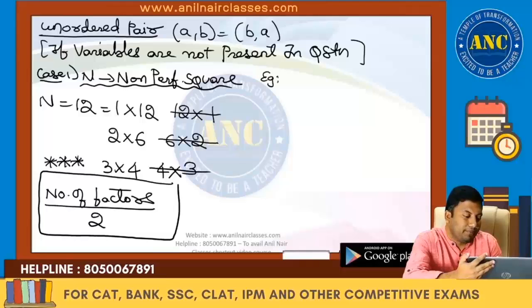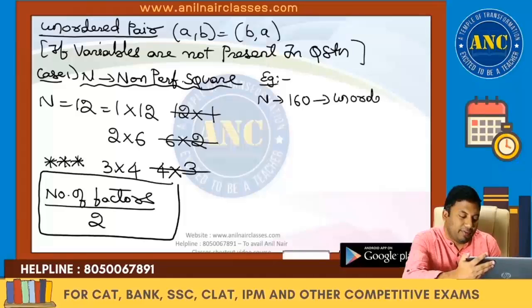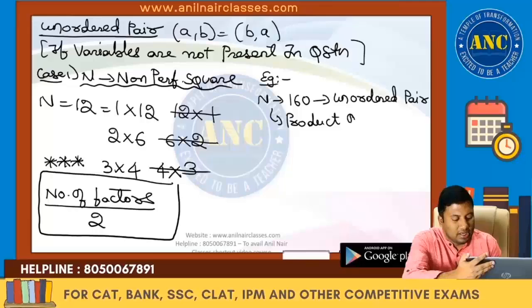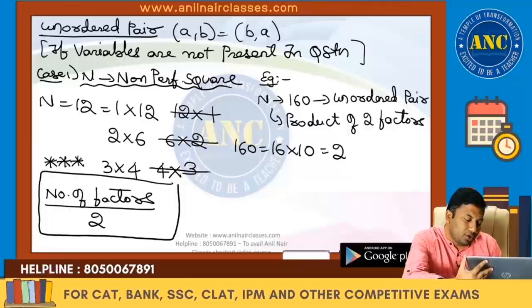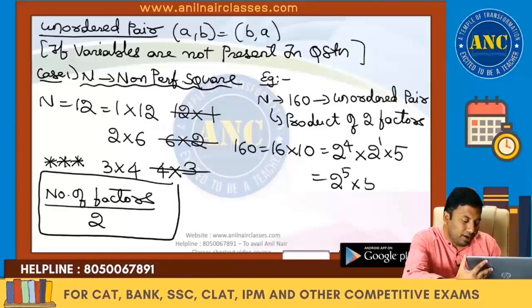For example, N is 160. How to write the number as a product of two factors in an unordered pair? 160 is nothing but 16 into 10. 16 is 2 power 4, and 10 is 2 into 5, so 160 is 2 power 5 into 5 power 1.